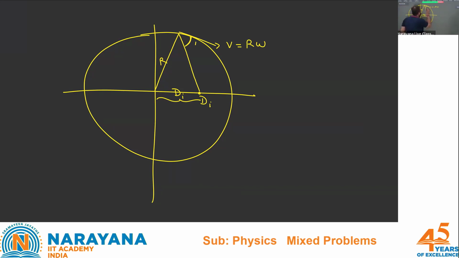So if this angle is alpha, the apparent frequency this inside person will receive is the actual f upon c minus v cos alpha. Now this angle is 90, so this will be 90 minus alpha.